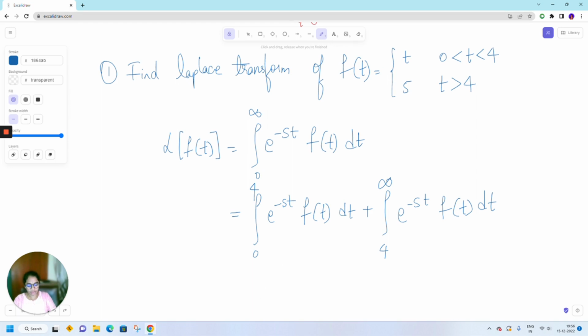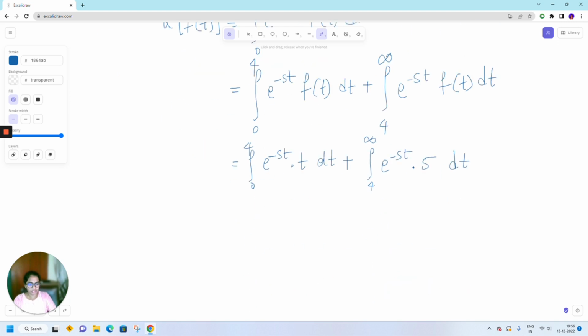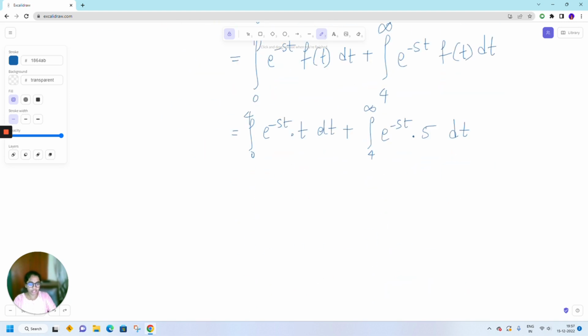For the interval 0 to 4, the value of f of t is t, dt, plus for the interval 4 to infinity, the value of f of t is 5. Now you just have to find the integrals of these two.